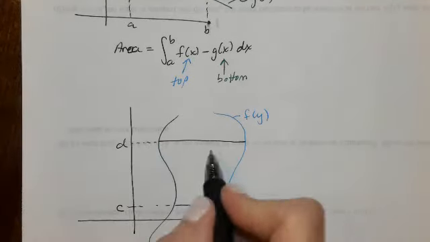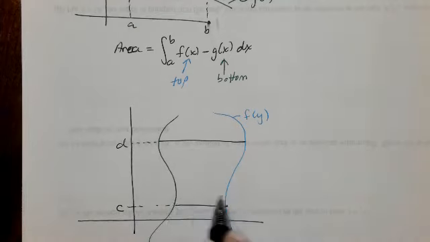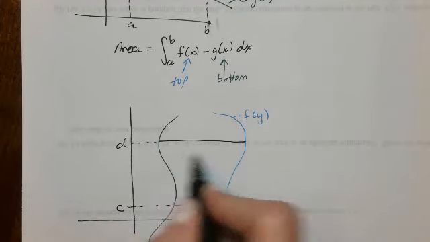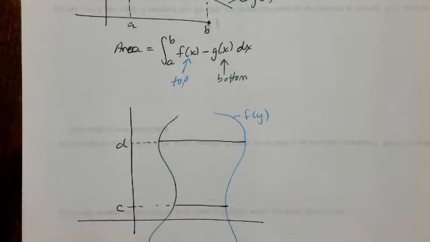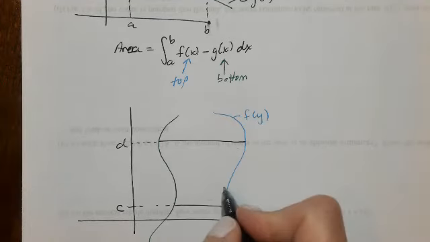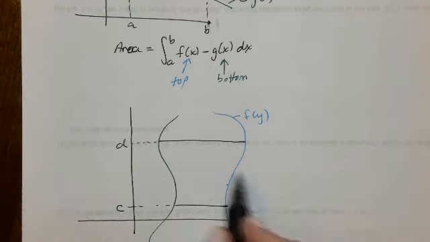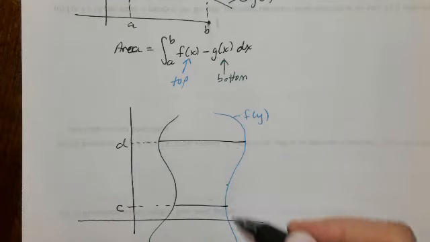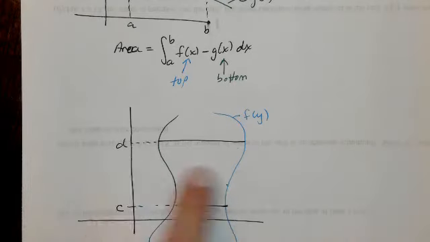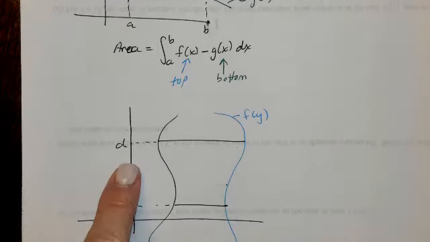So the area between y equals c and y equals d, instead of doing a top minus a bottom situation, we are going to need to do a right minus the left situation, because the integral with respect to y of f of y will give us the area from the curve to the y-axis.